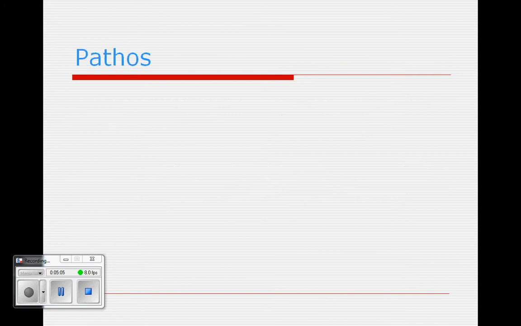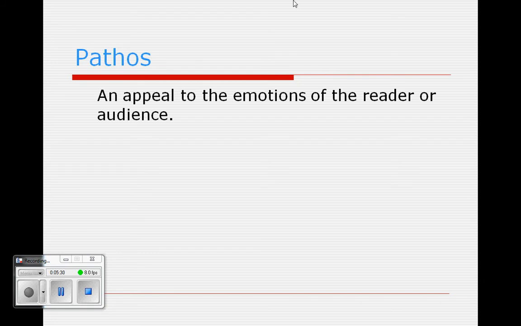As for the pathos, what do we mean by pathos? This is the logos, persuading through sound reasoning. The pathos is to appeal to the emotions of the reader or the audience.